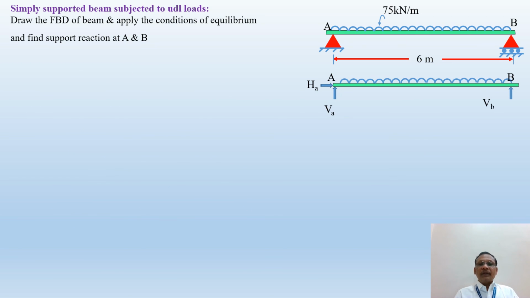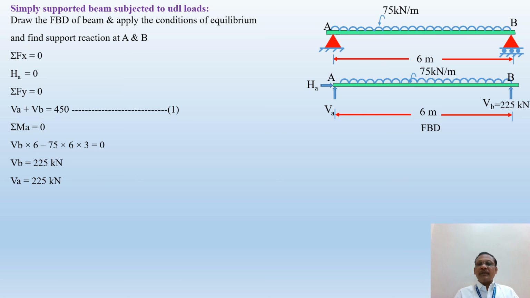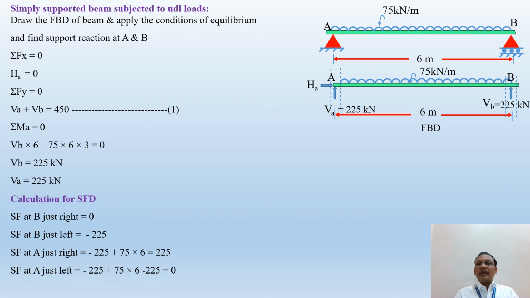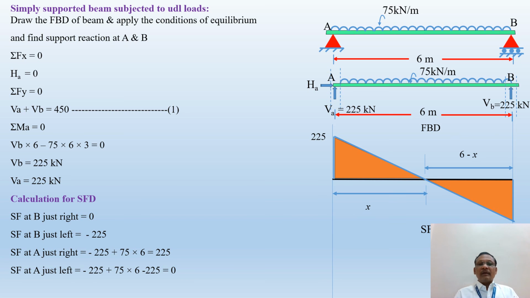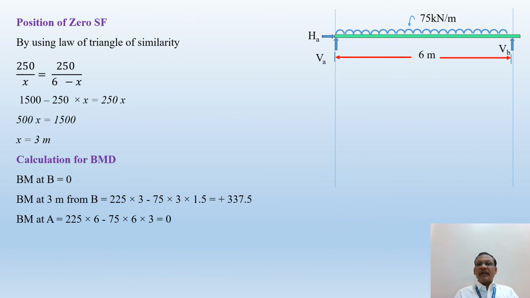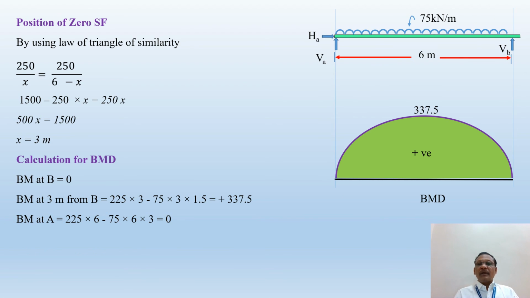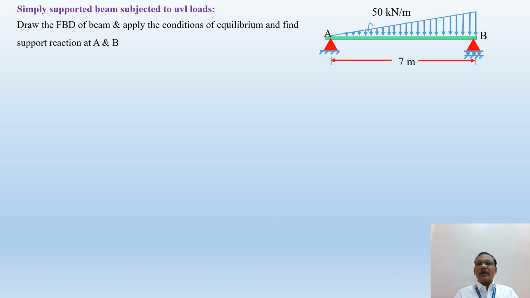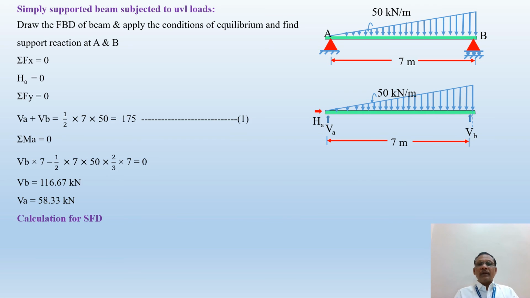In the next lecture we are going to discuss how to draw the shear force and bending moment diagram of a simply supported beam subjected to UDL. And the next one, how to draw the shear force and bending moment diagram of a simply supported beam subjected to uniformly varying load.